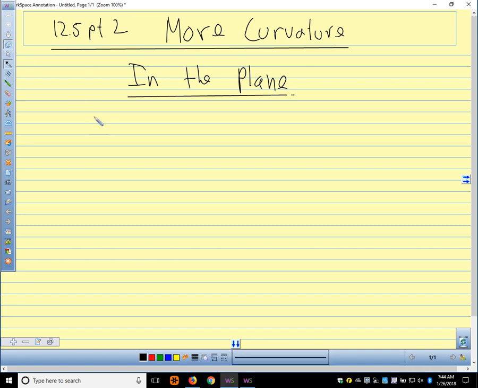So we have a curve given by y equals f of x. So just our normal explicit function. Let x be the parameter.